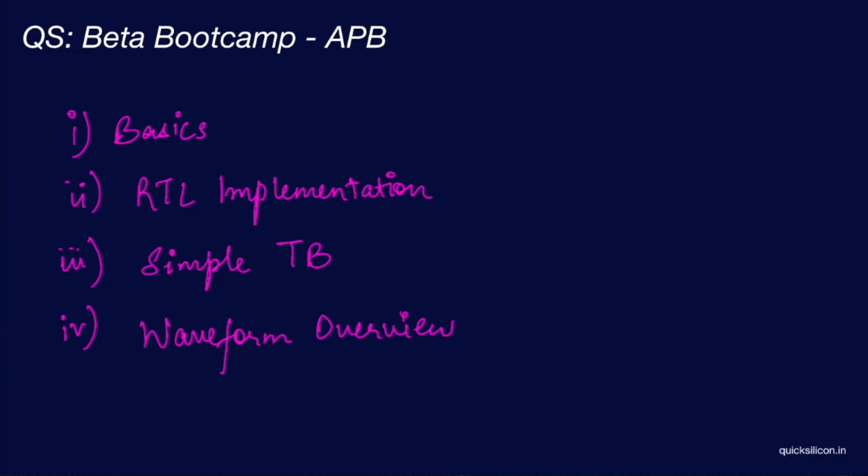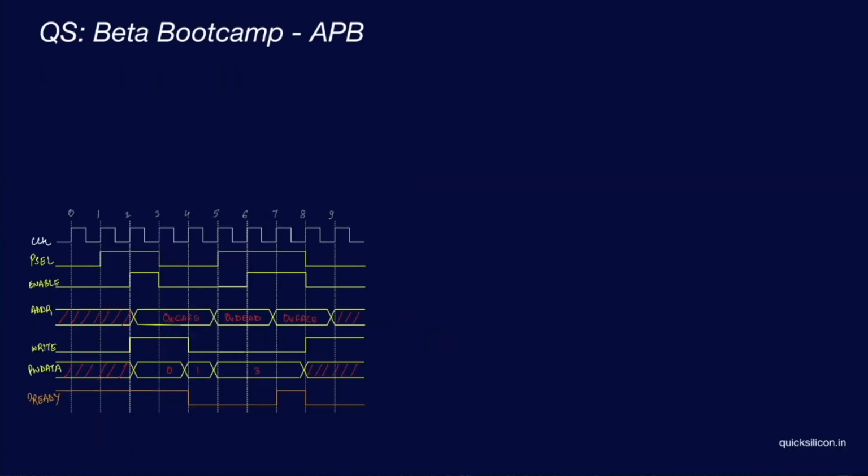Okay, so let's straight away jump into the basics of the APB protocol. Ignore this diagram for now. The APB protocol is a very simple, non-pipelined protocol where you have a certain set of signals.